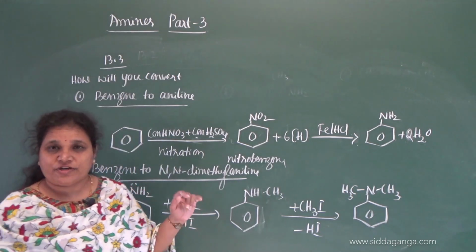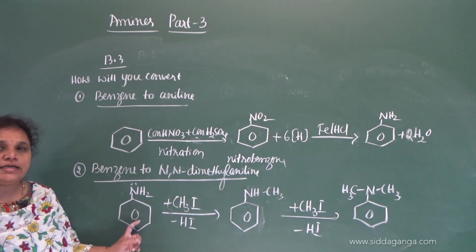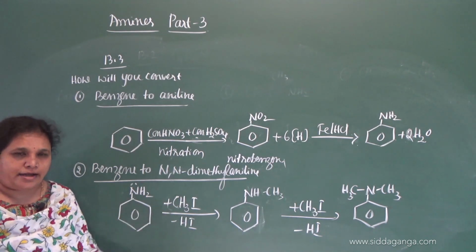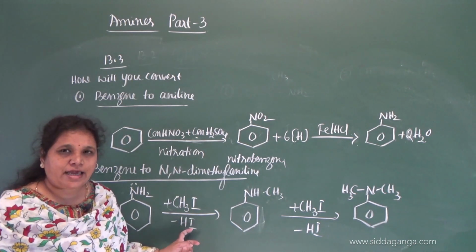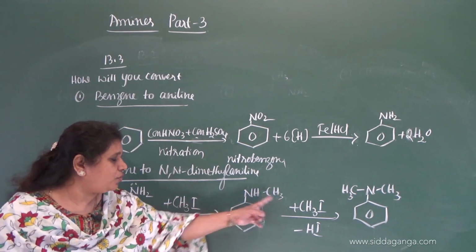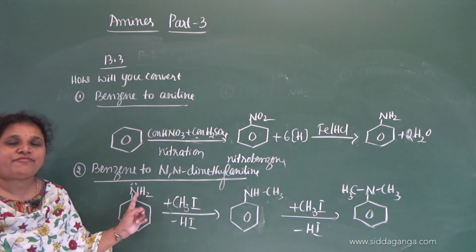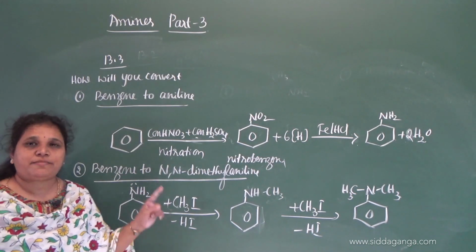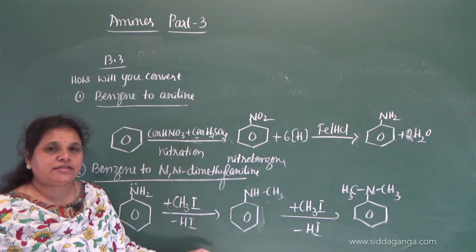N,N-dimethyl aniline. First we need to convert benzene to aniline. On treating aniline with 2 moles of methyl halide, mainly you can take methyl iodide as it is highly reactive. When it reacts with 2 moles of methyl iodide, the 2 hydrogen atoms of the NH2 group of aniline are replaced by methyl and it gives N,N-dimethyl aniline.